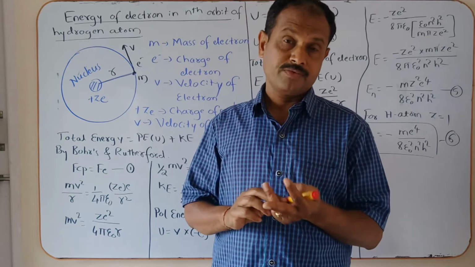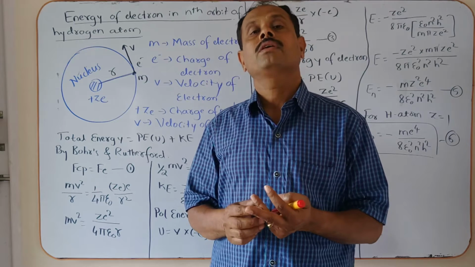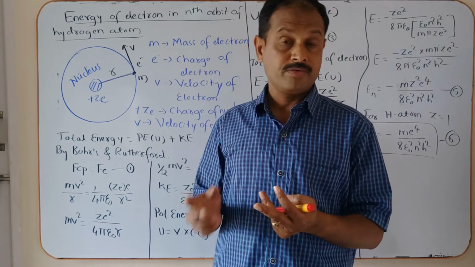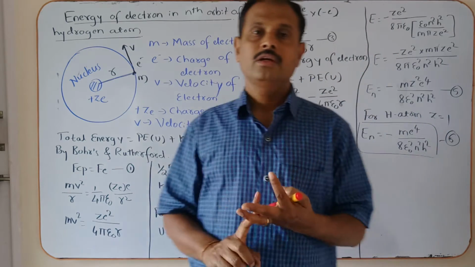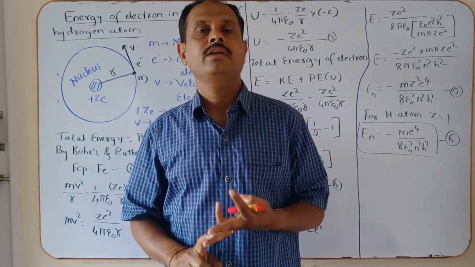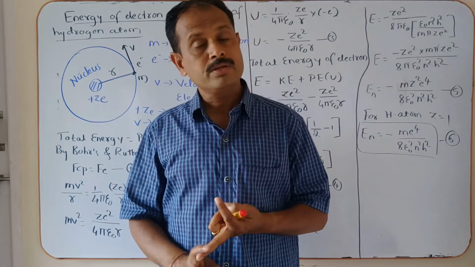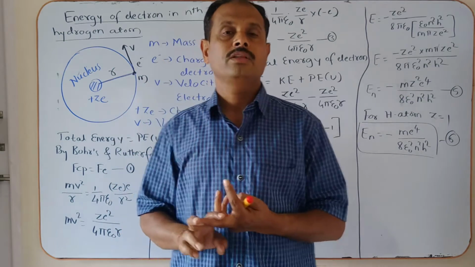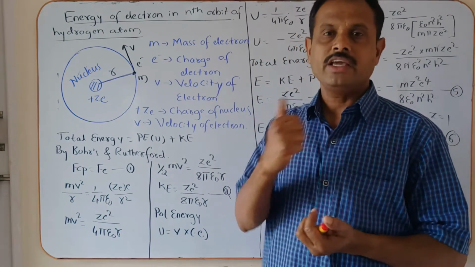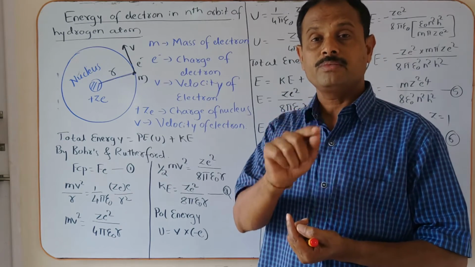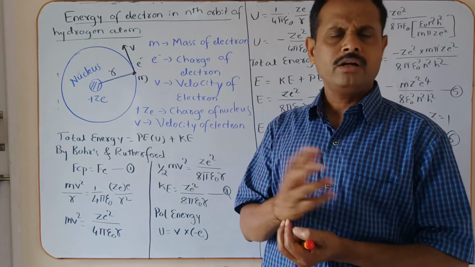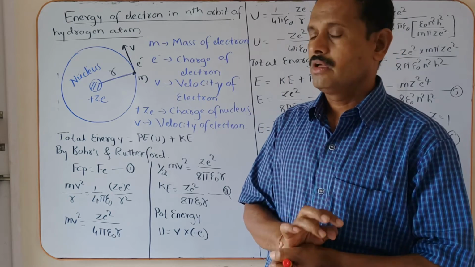Then you obtained the expression for the radius of the nth orbit of a hydrogen atom, the expression for the velocity, the time period, and the frequency of revolution of an electron in the orbit. Now what is the energy of the electron in the nth orbit of the hydrogen atom, and for any atom?